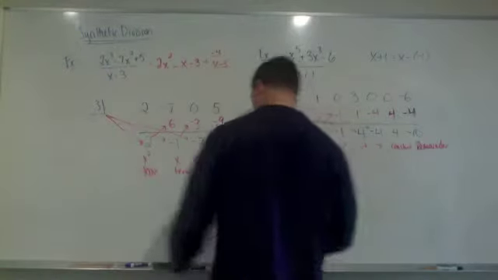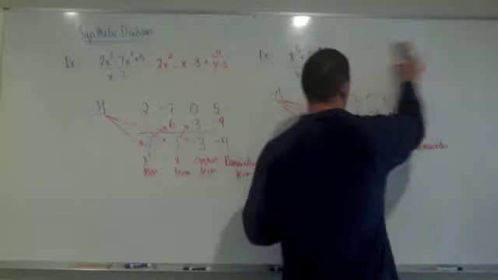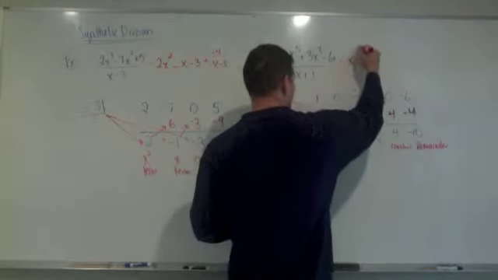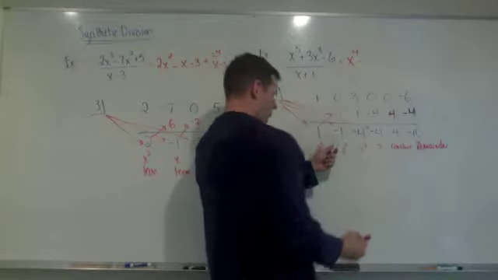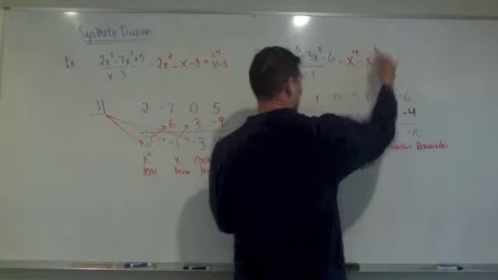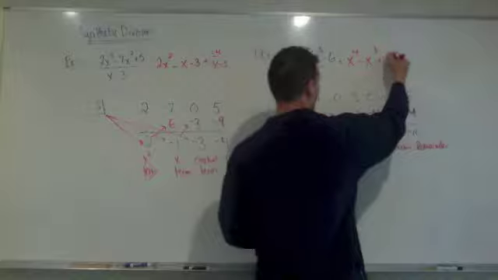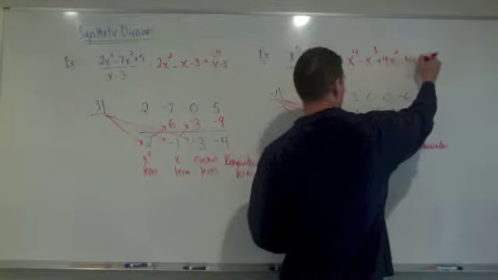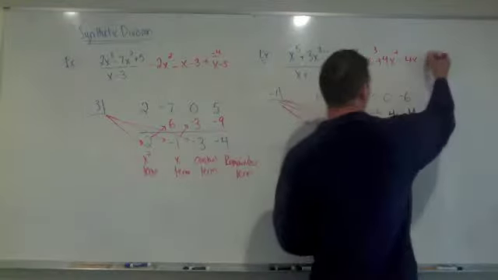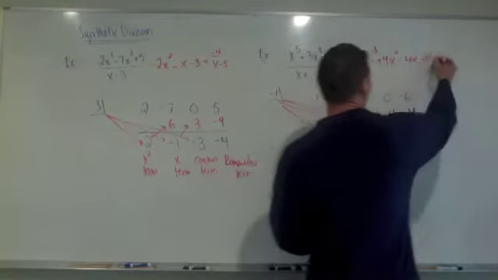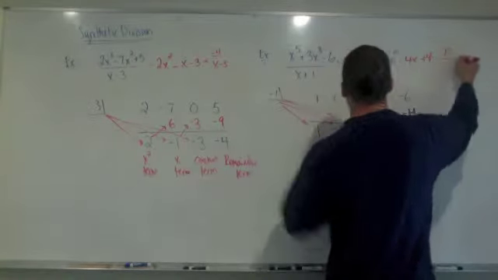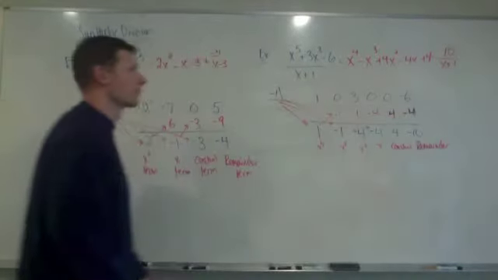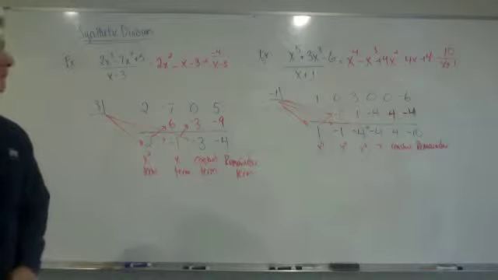The answer to this is, erase this real quick, x to the fourth minus 1x to the third plus 4x squared minus 4x plus 4 minus 10 divided by my divisor, x plus 1. And there it is.